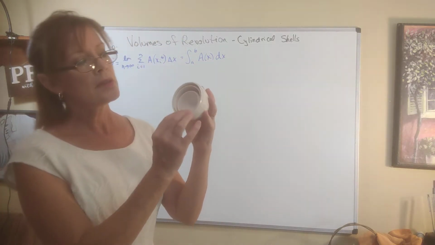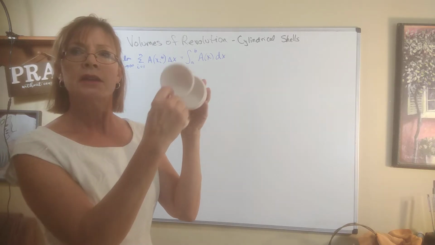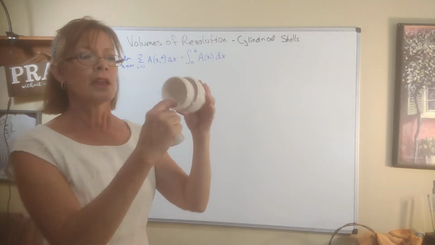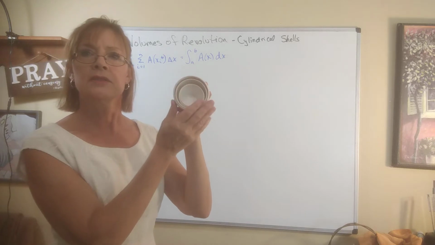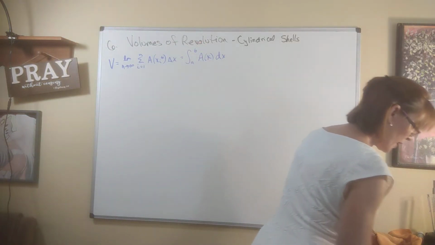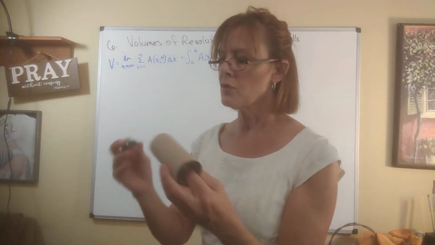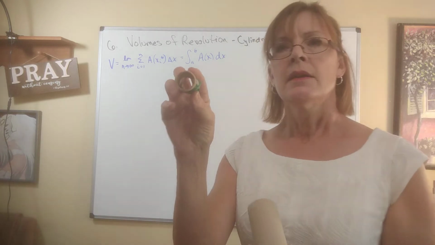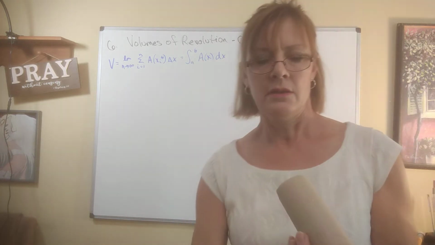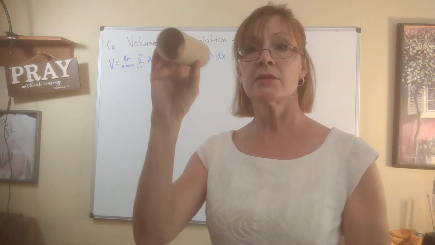Do you see how these are little cylinders? It's a cylinder inside a cylinder, inside a cylinder. And so we stack these little shells together. This is one way of looking at this. Another image I have is just paper towel rolls. Here's a little cylinder inside of another bigger cylinder, inside of a bigger cylinder.